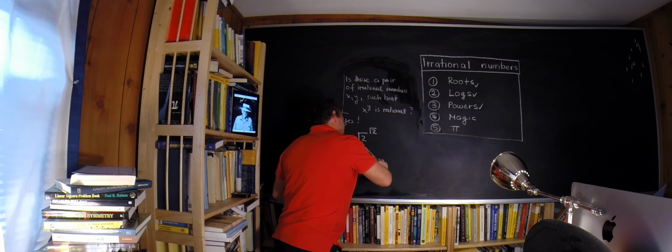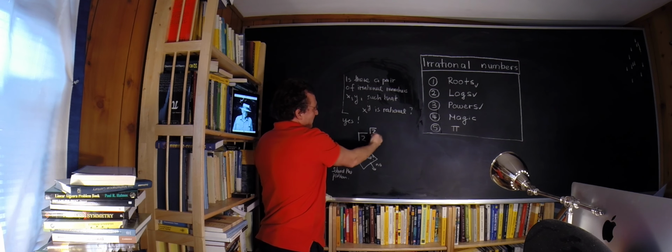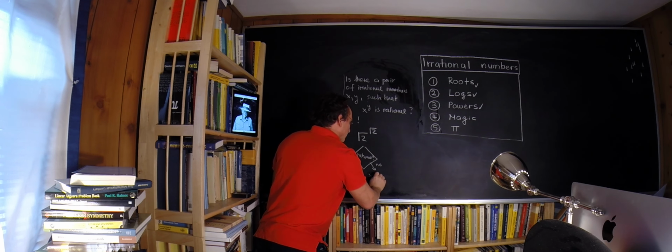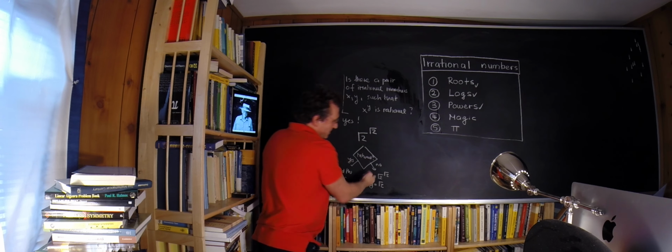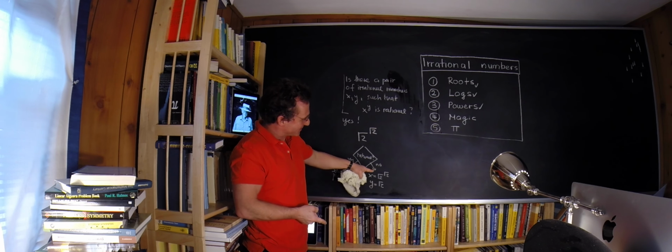If not, then we take this as our x, and we take y equal to square root 2. They are both irrational, because we have just assumed that square root 2 to the power square root 2 is irrational.